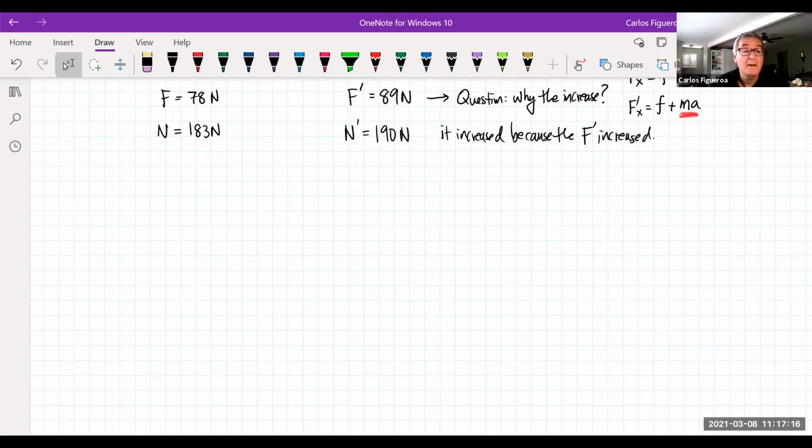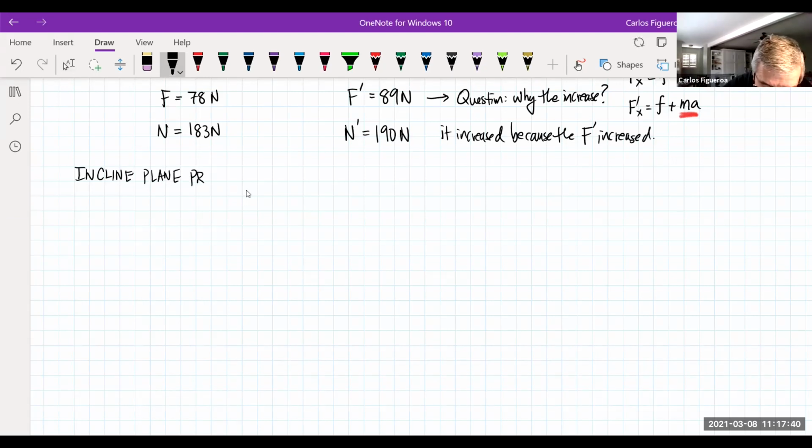Today we're going to talk about the incline plane. What I'm going to say here is this is considered one of the most important problems in Physics 4A. The incline plane problem.